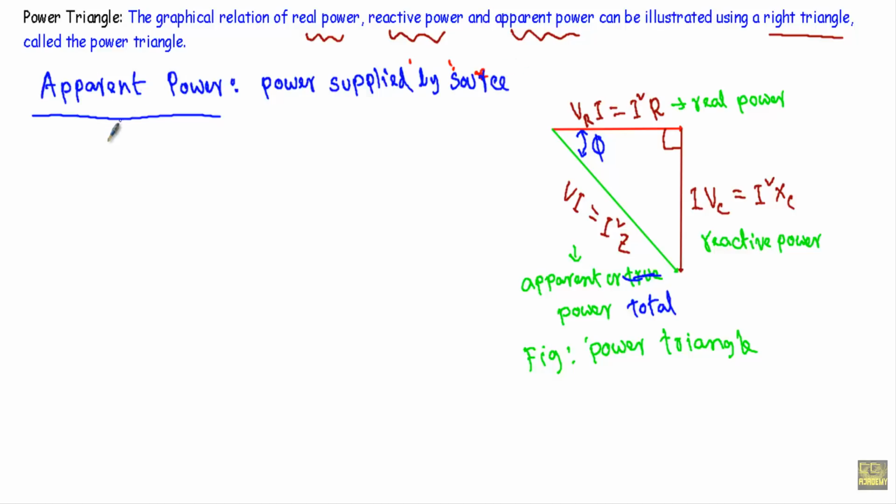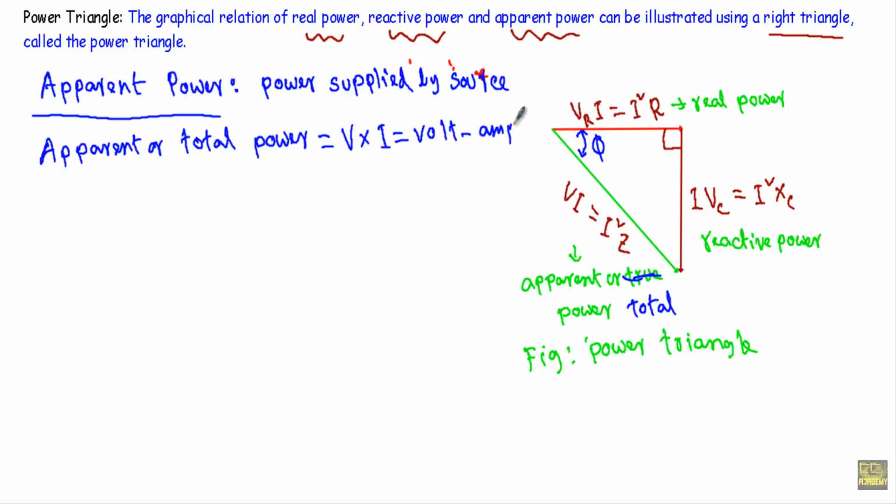And we calculate the apparent power or total power by multiplying the RMS value of the voltage and the RMS value of current I. This is also known as volt ampere, and the unit of the total power will be VA.